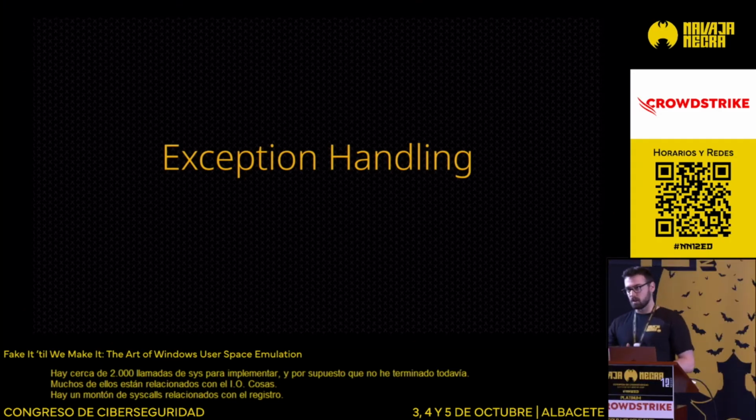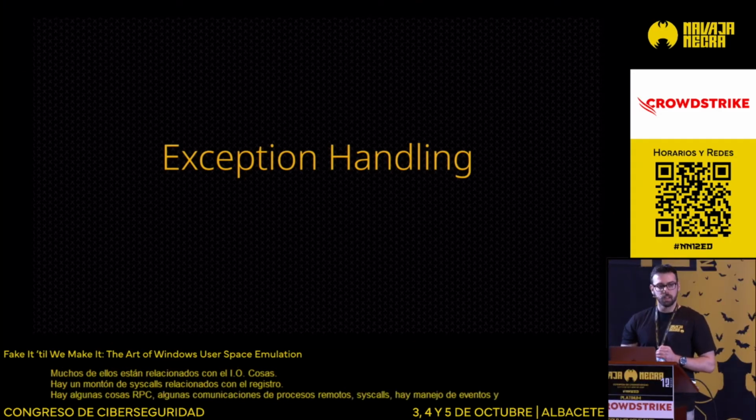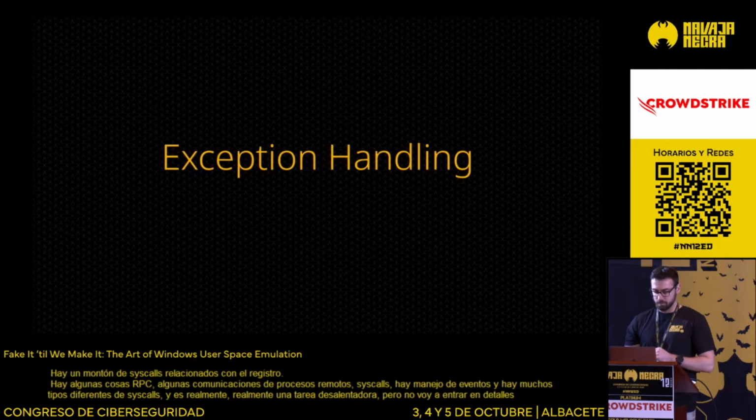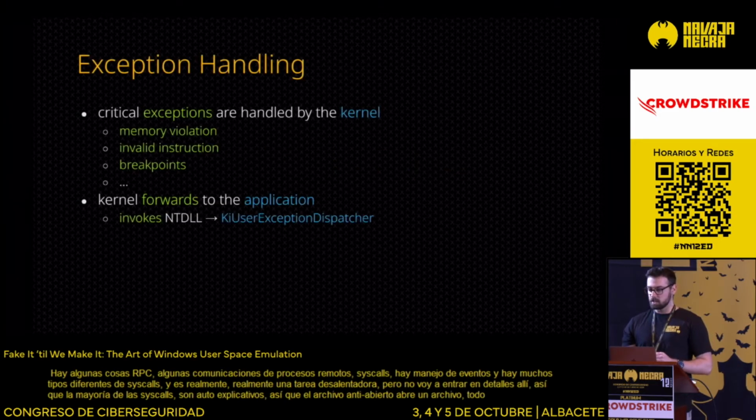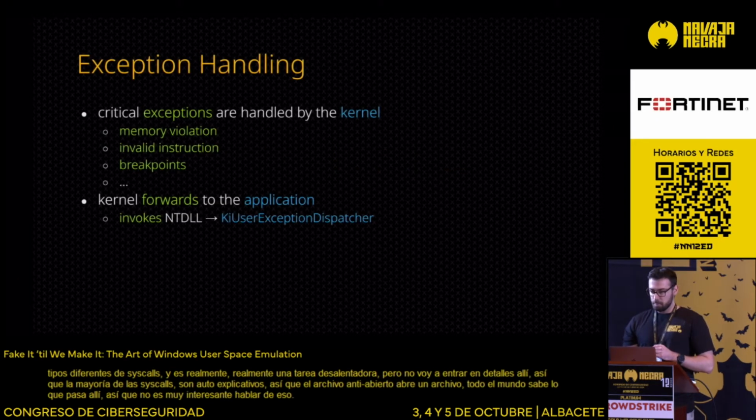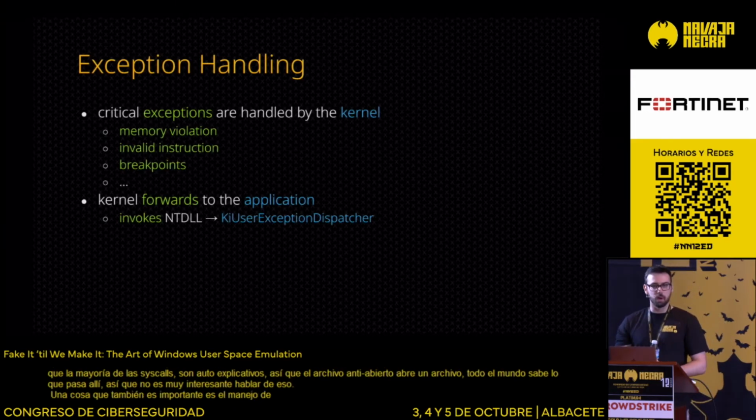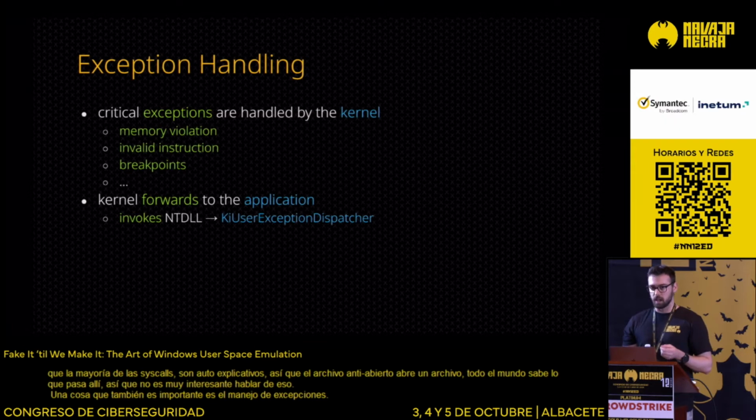One thing that's also important is exception handling, because applications in user mode can trigger exceptions. For example, there can be memory violations, invalid instructions or breakpoints, and those exceptions are usually handled by the kernel.